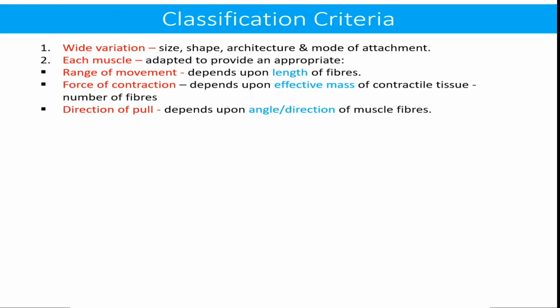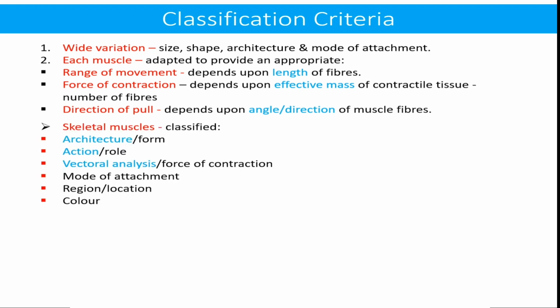Number two, force of contraction, which depends upon the effective mass of contractile tissue, that is the number of fibers. Number three, direction of pull, which depends upon the angle or direction of the muscle fibers.